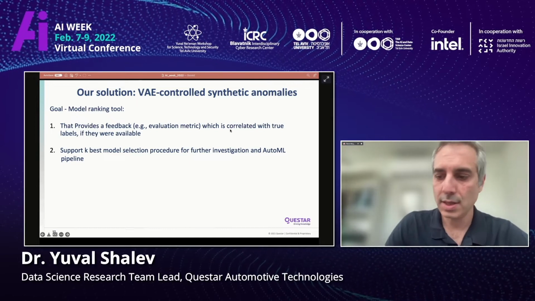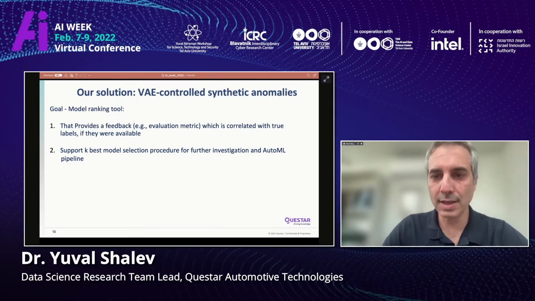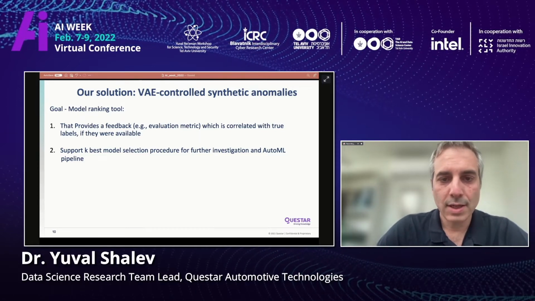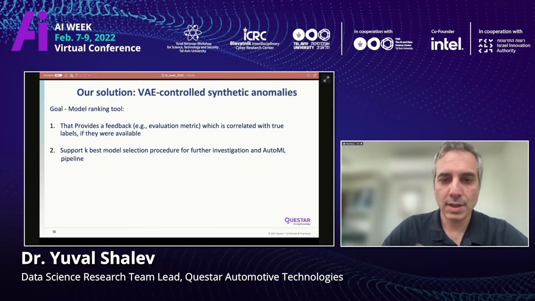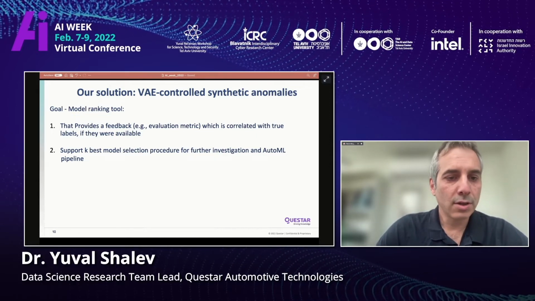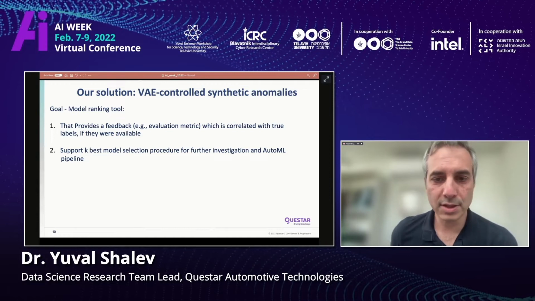It could be Pearson correlation or other ranking metrics, which are sometimes used, for instance, in recommender systems. And the other goal is to support K-based model selection procedures.